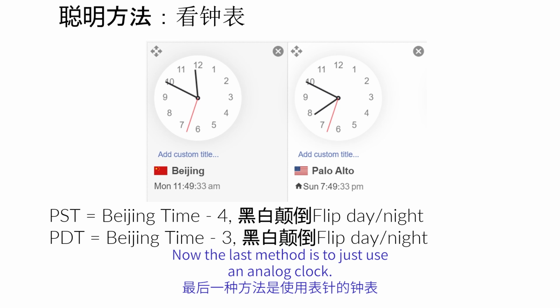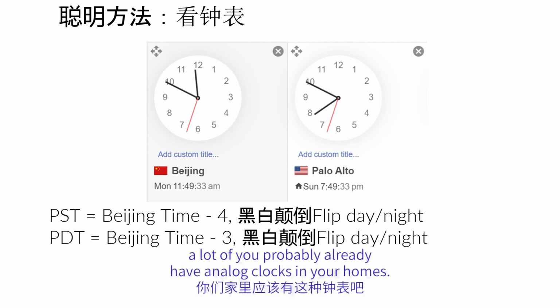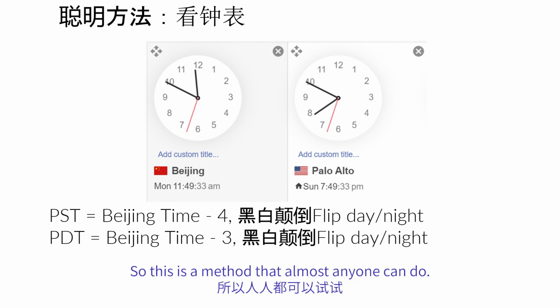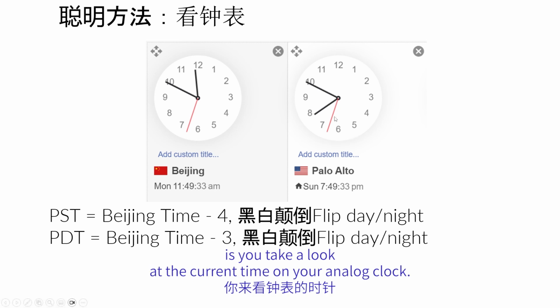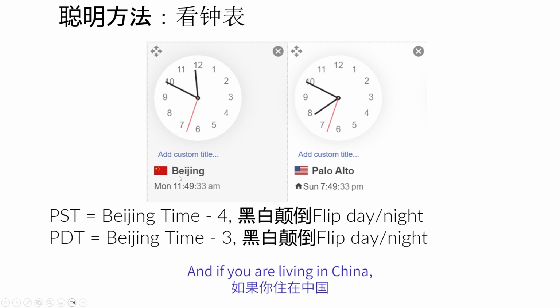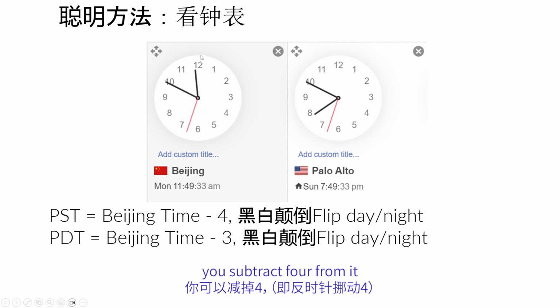Now, the last method is to just use an analog clock. A lot of you probably already have analog clocks in your homes. So this is a method that almost anyone can do. The way you do this method is you take a look at the current time on your analog clock, and if you are living in China, you subtract 4 from it to get American time.